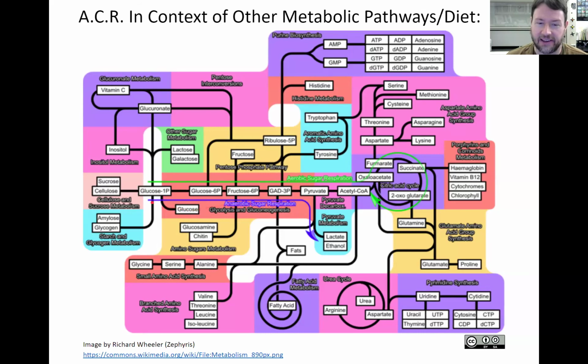The anaerobic sugar respiration, it's not really respiration, it's fermentation, right? That can get converted into lactate and ethanol. But then we also have these fats and fatty acids and different amino acids. We can even build nucleic acids using some of these parts and interconvert things. And it's really complicated.